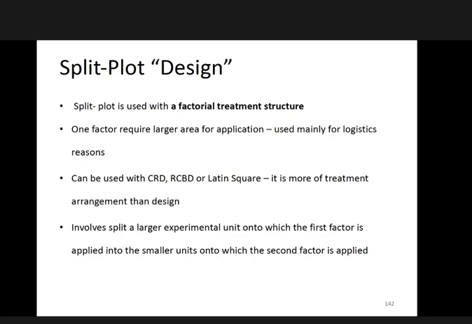So, for example, let's say you're testing the effect of time on the quality of bread. I can compare three different times: baking for 45 minutes, 60 minutes, and 75 minutes.